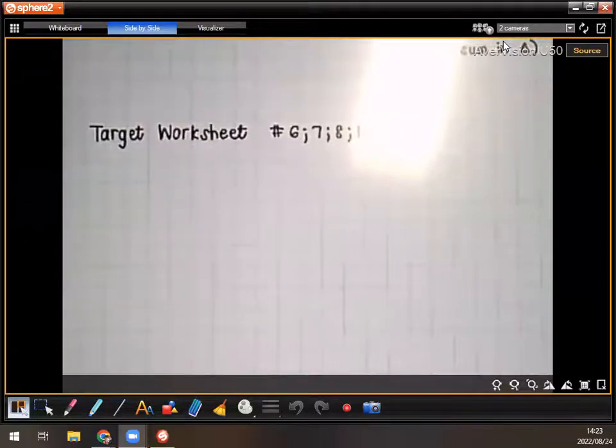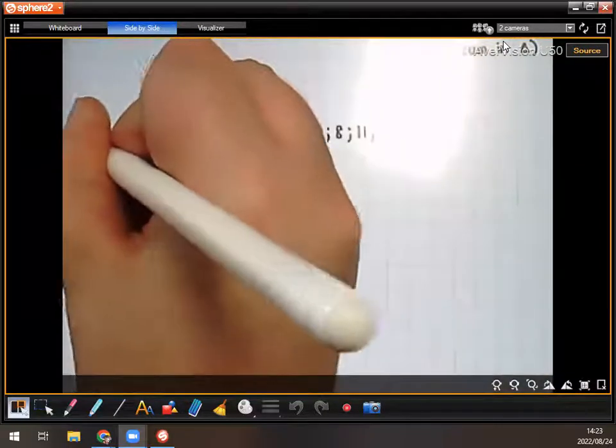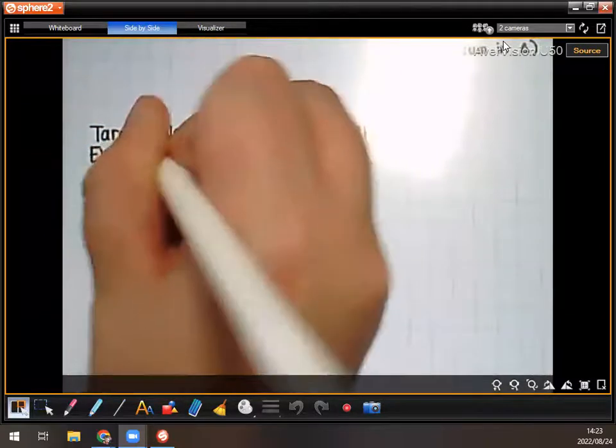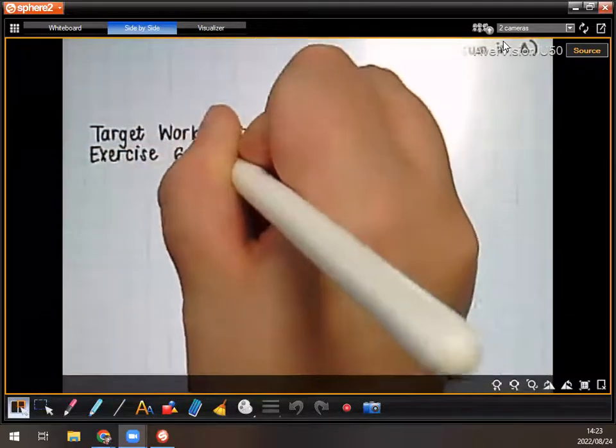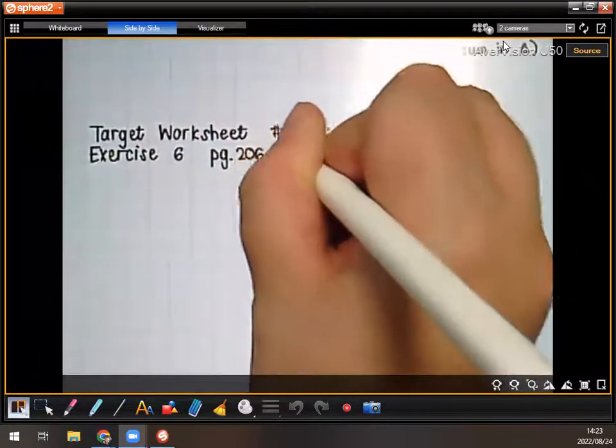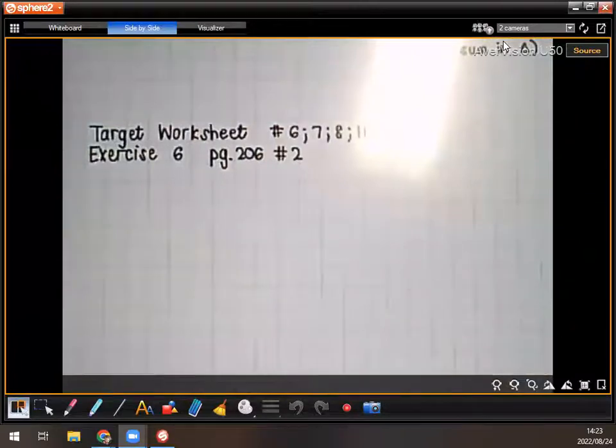Then from the textbook, Exercise 6, which is on page 206, I just want you guys to do number 2. So it's one diagram where you must calculate some angles.